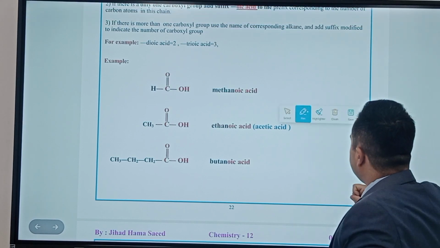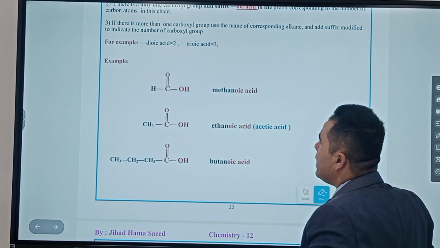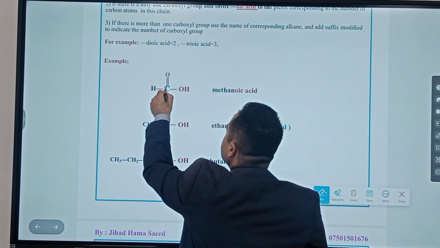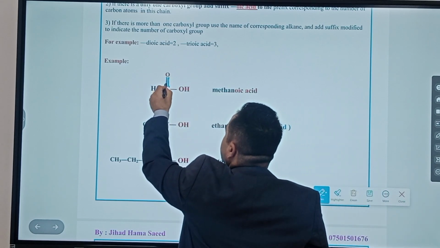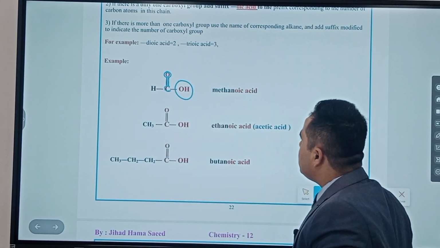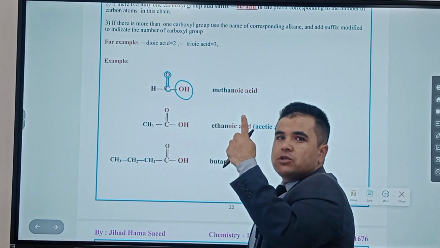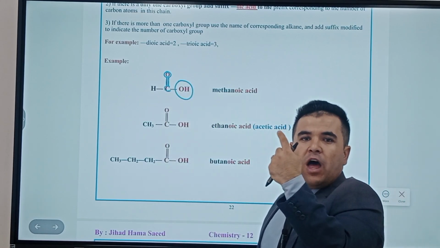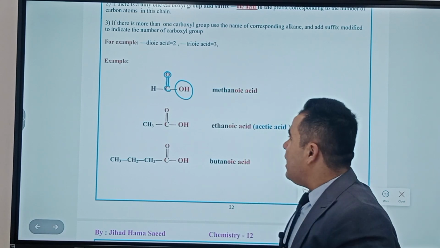Let us solve some examples, guys. Here, how do we know it's a carboxylic acid? C double bond with O, and OH. How many carbons do we have? 1 carbon, so it's methanoic acid.